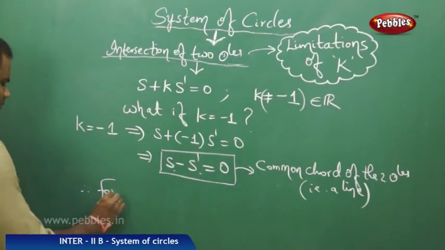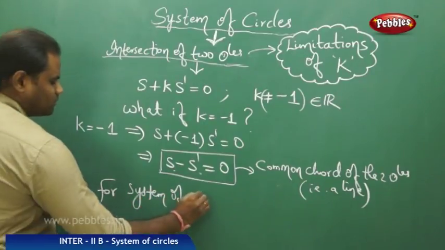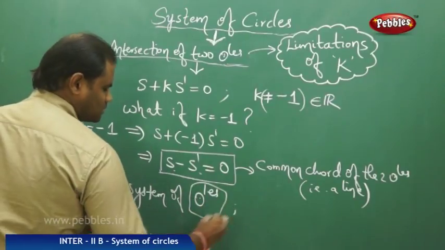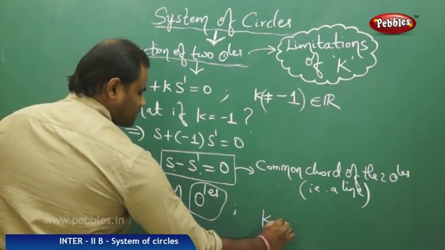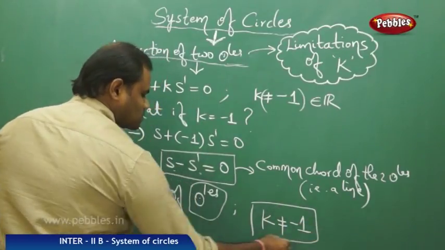Therefore, for a system of circles, k is not equal to minus 1.